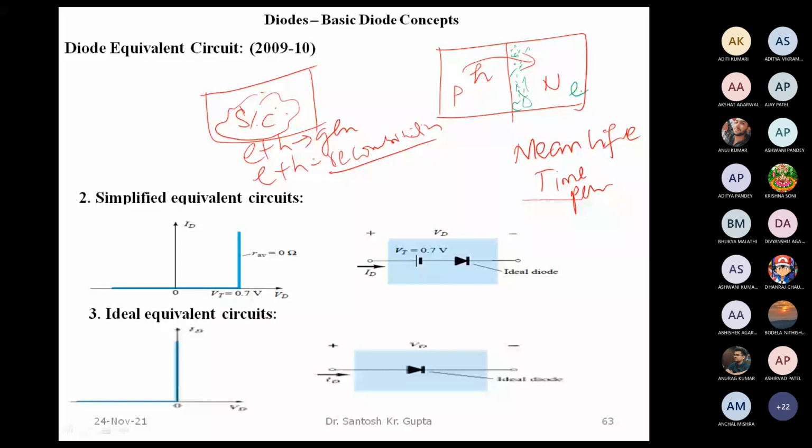Injected holes mean electrons have moved from the right side to the left side, leaving behind vacant places. So the electrons in the n type will come and occupy these places, and due to this the concentration of the holes will disappear.